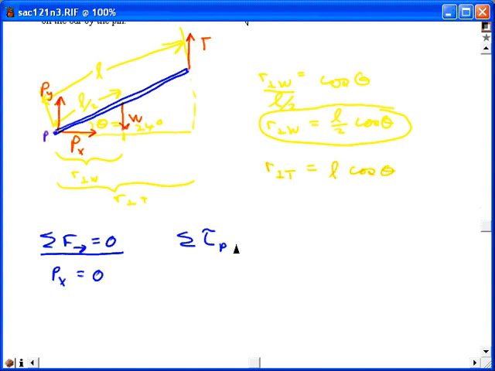about point P, I'll call counterclockwise the positive direction, and that's got to be equal to 0 as the object is experiencing no angular acceleration.